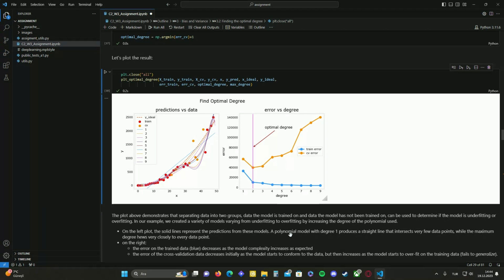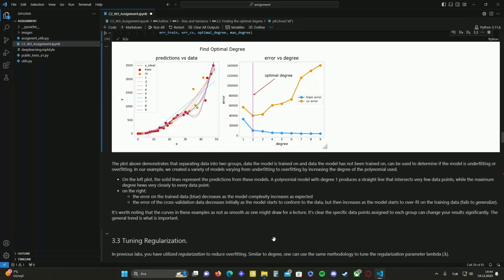In our example, we created a variety of models varying from underfitting to overfitting by increasing the degree of polynomial used. On the left plot, the solid lines represent the predictions from these models. A polynomial model with degree 1 produces a straight line that intersects very few data points, while the maximum degree goes very closely to every data point.